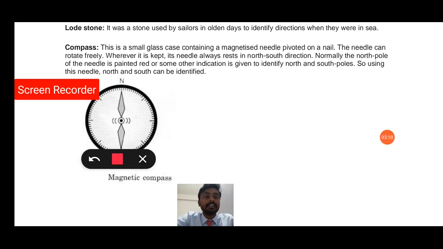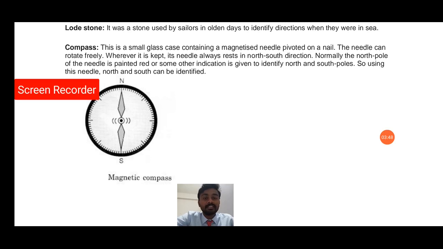Normally the north pole of the needle is painted red, or some other indication is given to identify the north and the south poles. So using these needles, north and south can be identified.